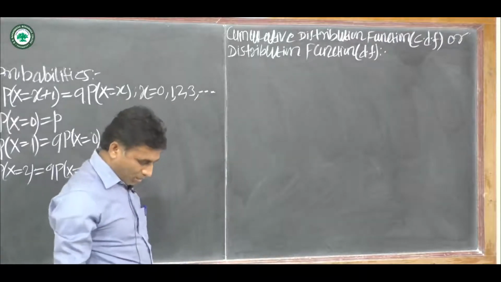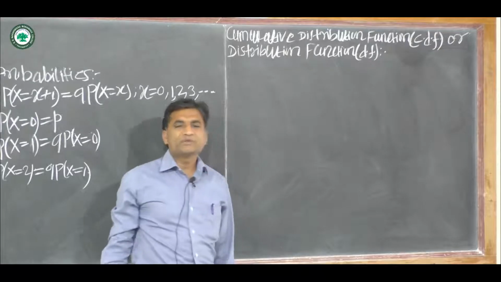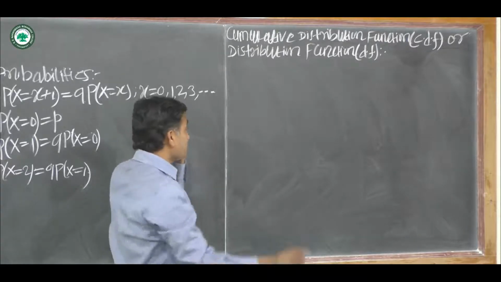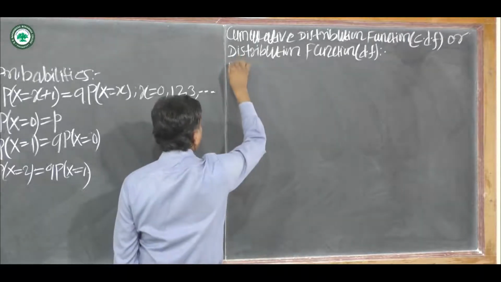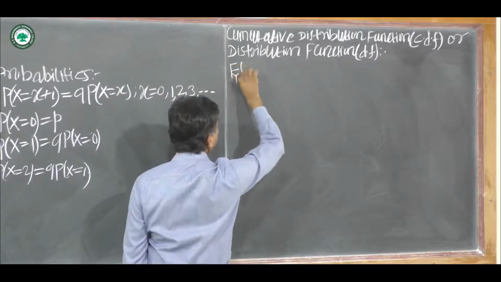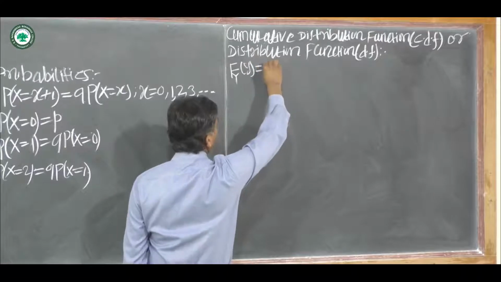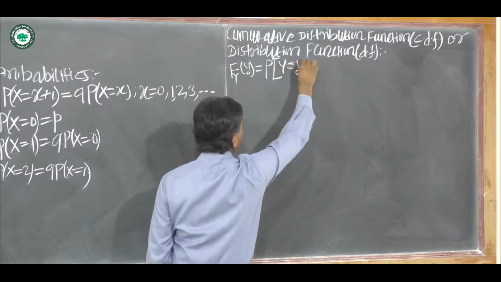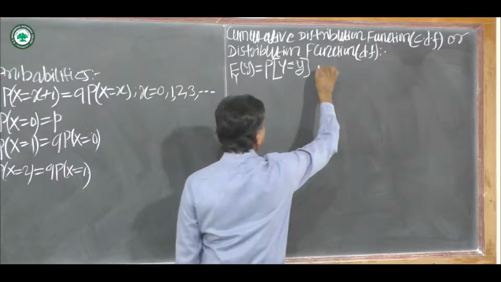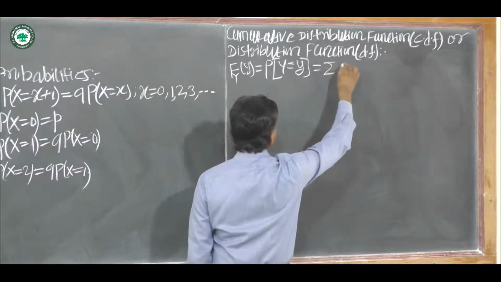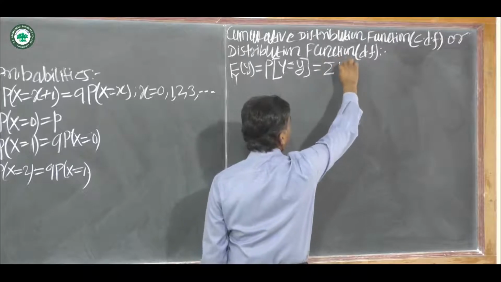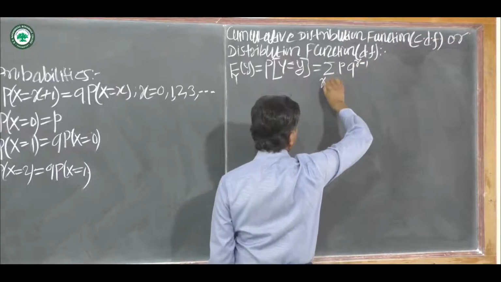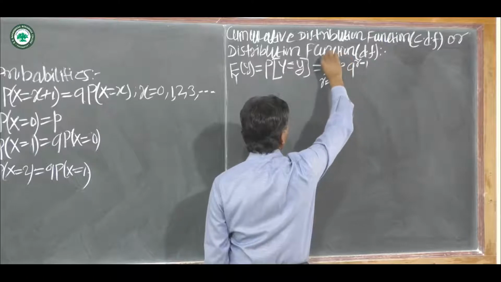Okay, now the random variable Y follows geometric distribution with parameter p, then its cumulative distribution function is given by F of y is equal to probability of Y is less than or equal to small y, which is equal to summation of p into q raised to r minus 1, summation over r running from 1 to y.